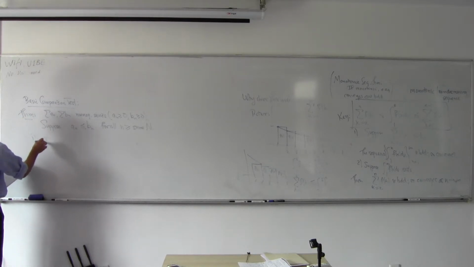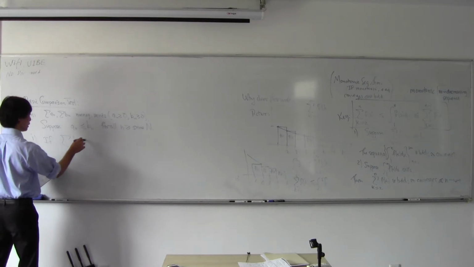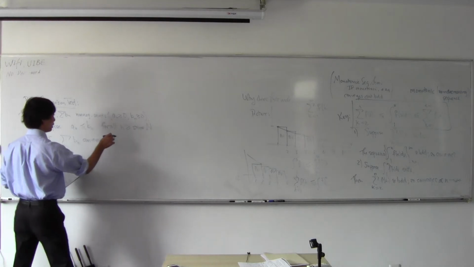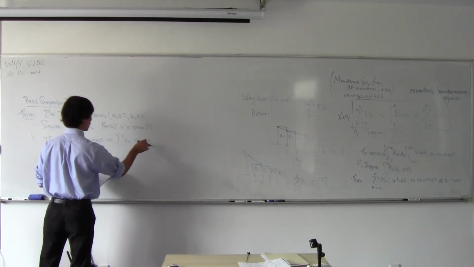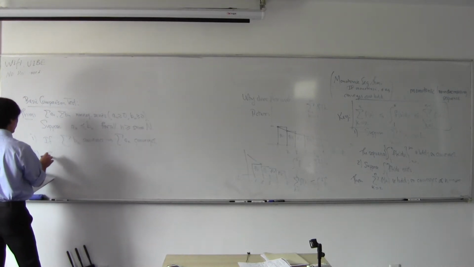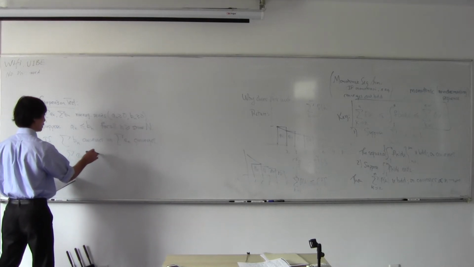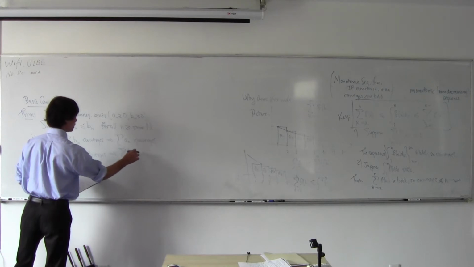If the sum of the bigger guys converges, then the sum of the smaller guys converges. If the sum of the smaller guys diverges, then the sum of the bigger guys diverges.